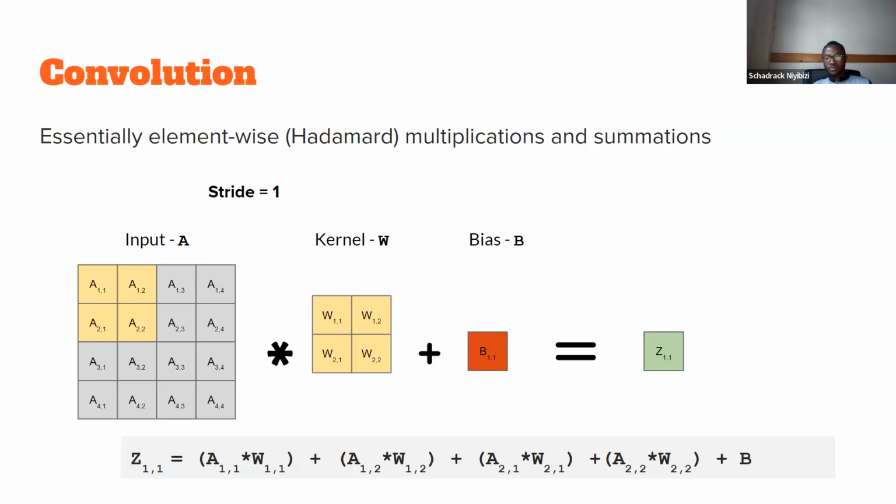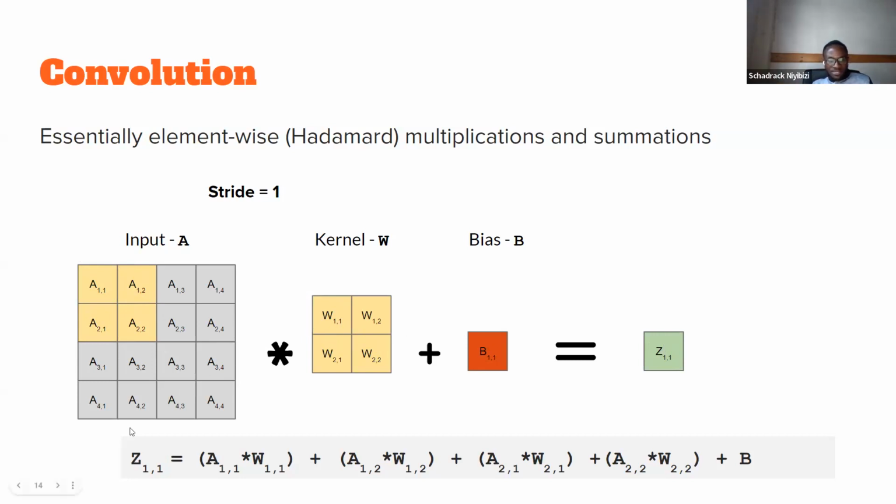Then that output will be passed through the activation function and the other different techniques that we'll be using, like normalization and other things. For this input, if we convolve this kernel, this filter, over this input, then we add the bias, we'll be getting the first item of our final feature map. This will be the output.